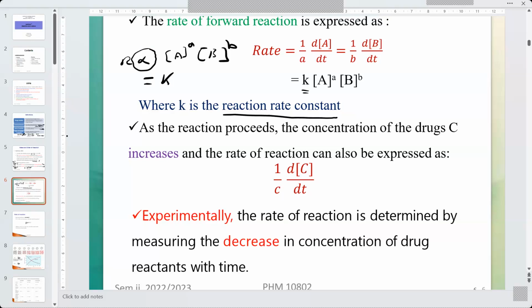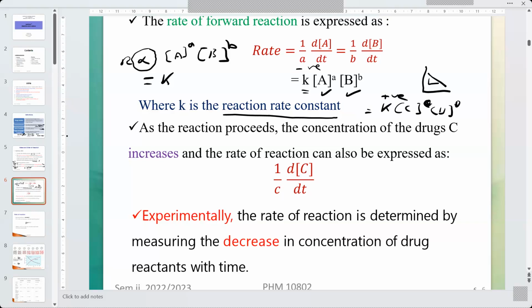Actually, this reaction rate constant is the slope of the curve. Okay, so if we use the concentration of reactants, this one is usually negative. But if we use the concentration of products, then K is positive.